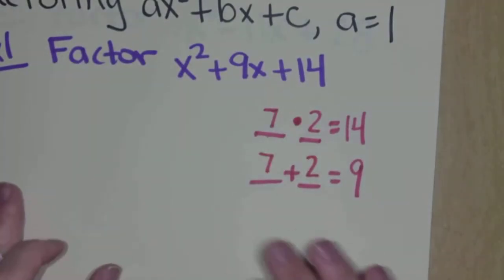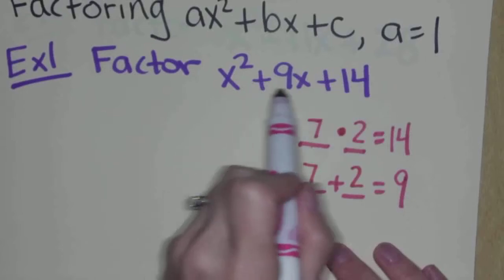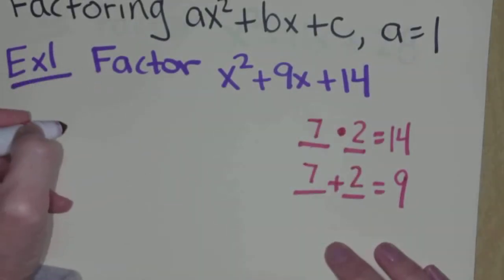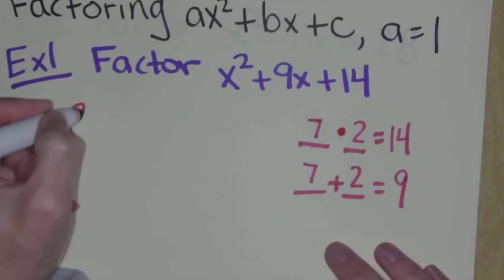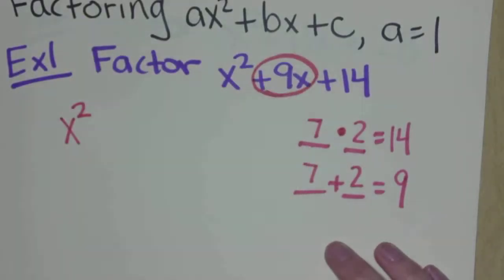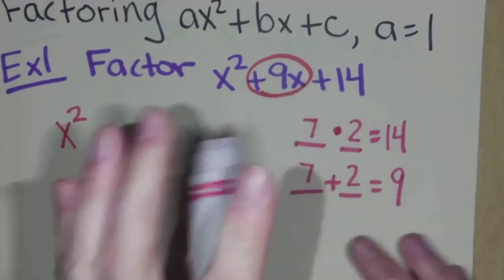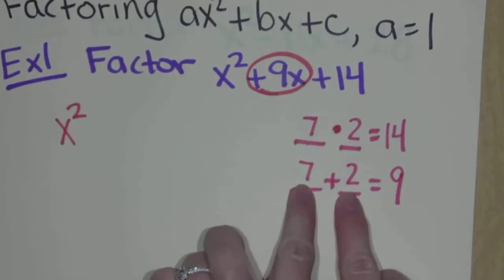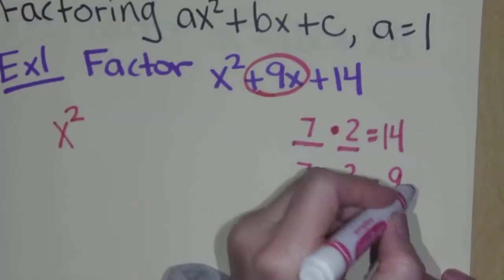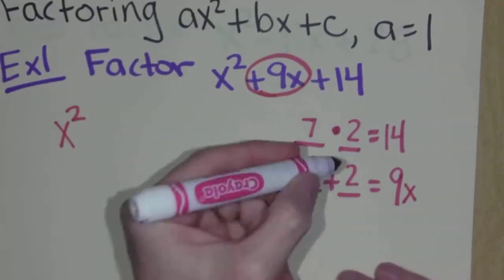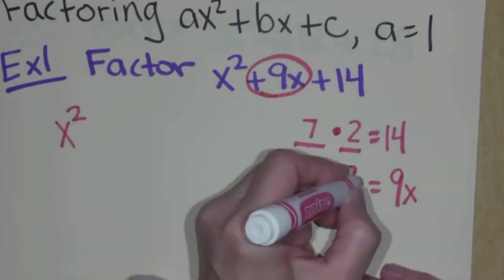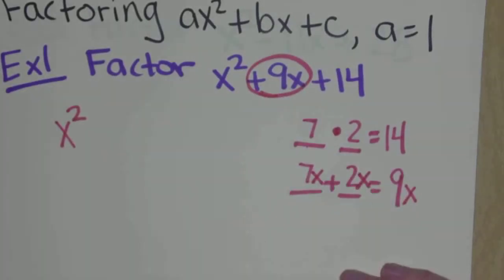So check out what we do. We're going to rewrite this trinomial as follows. We start with the x squared, which stays the same. But where the 9x is, we're going to rewrite it as the sum of these two terms down here. You can think of this 9 as being a 9x, so we're going to transform the 9x into 7x plus 2x.